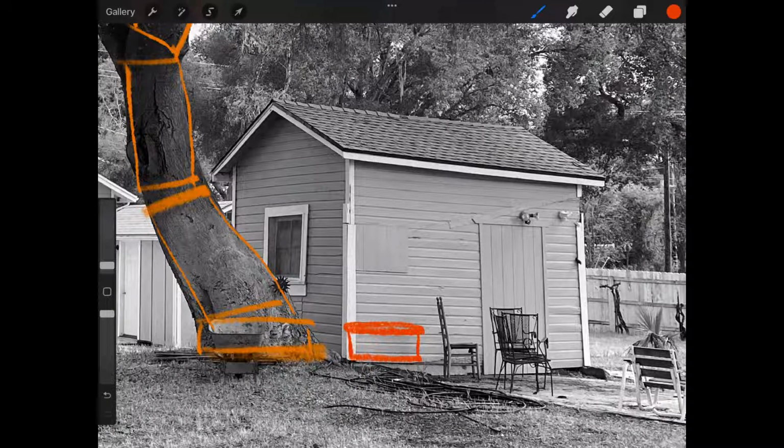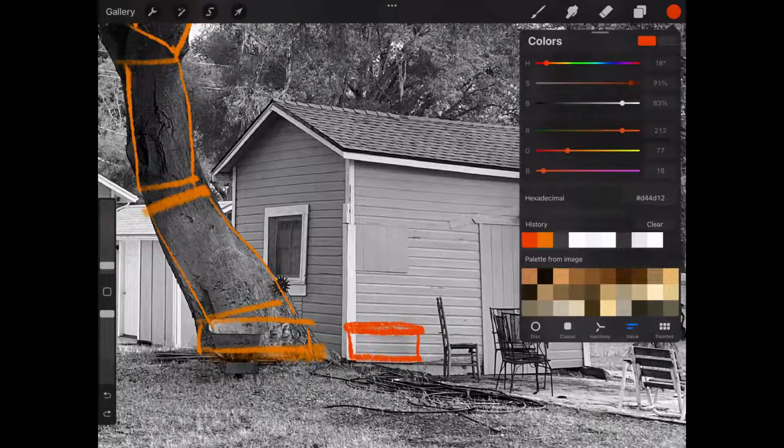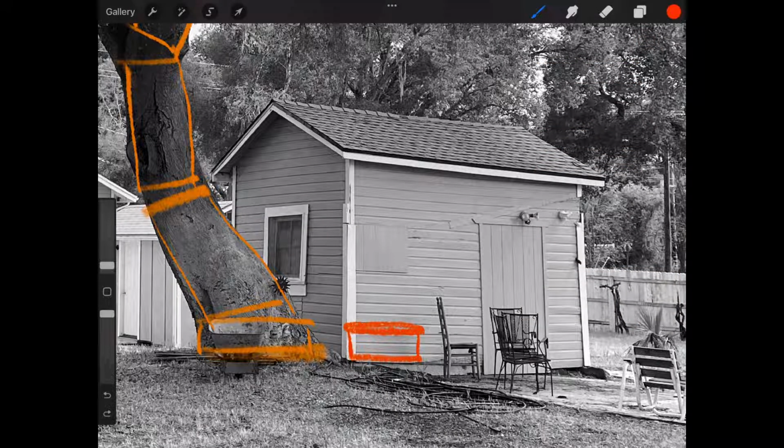And then the second section, that's actually going away from us. So what we're going to do, let's see, is we're going to take this end and show the bottom.